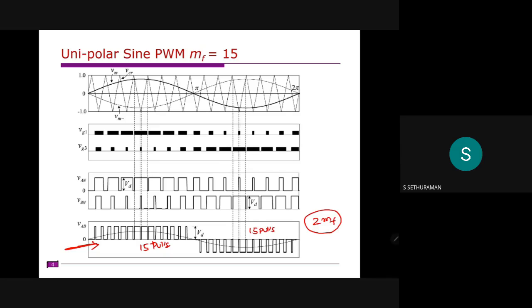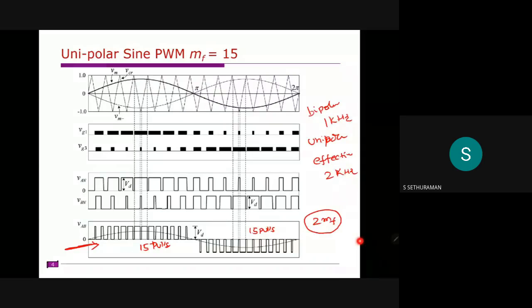So the meaning is, if bipolar is operated at 1 kHz, with the same carrier and same modulator, unipolar is effectively operating at 2 kHz.